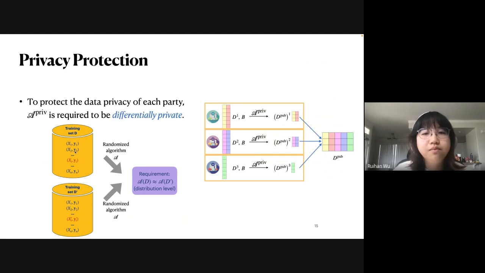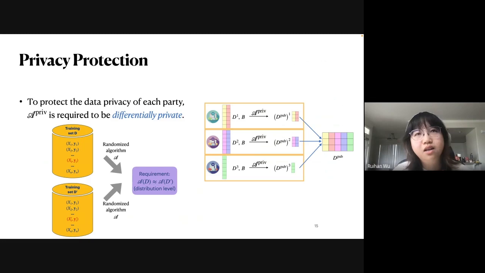So consider two data sets, D and D prime. They are different at exactly one data point. Here, the ith data point is highlighted by the red. And if a randomized algorithm A is differentially private, then the output of this algorithm from D and D prime should be mostly the same at the distribution level. So the distributions of these two randomized outputs should be close enough.